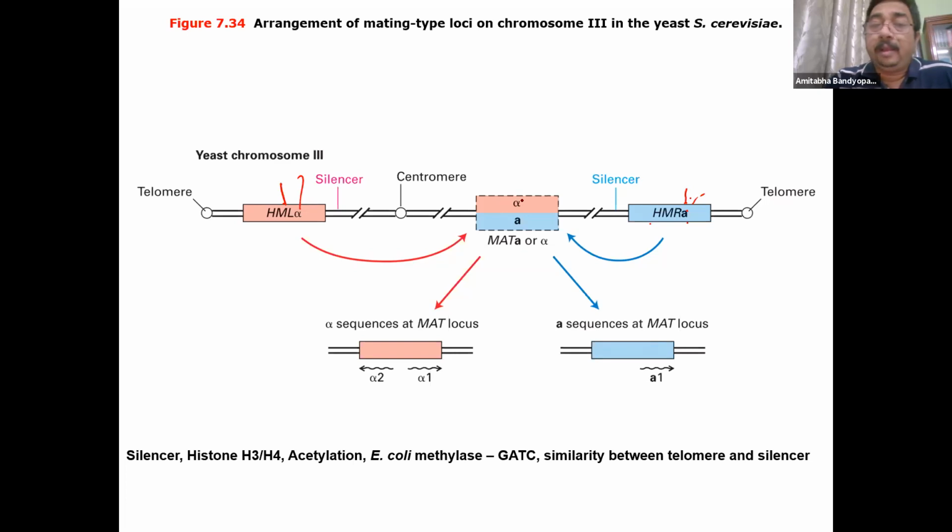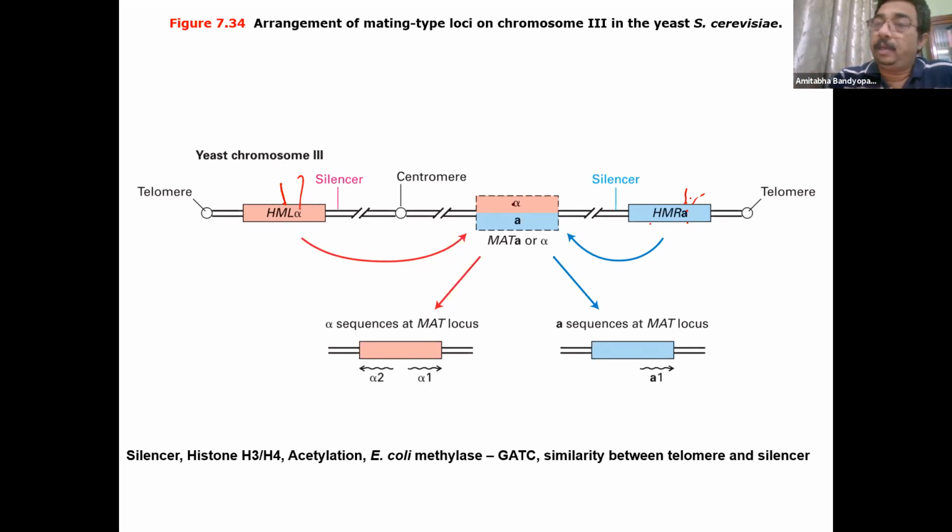And then if alpha is brought in here, then it is mating type alpha. If A cassette is brought in here, then it is mating type A. Do not think that both of these are brought in here simultaneously. It is either this or that.